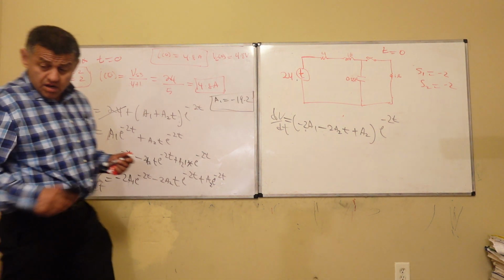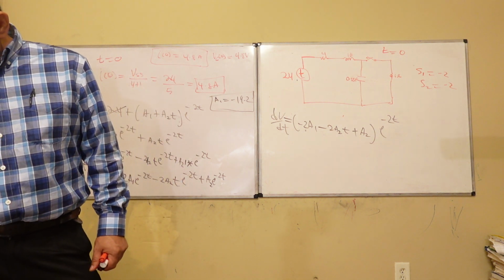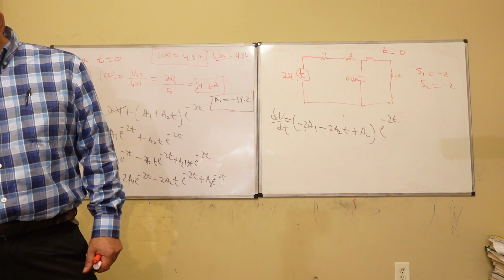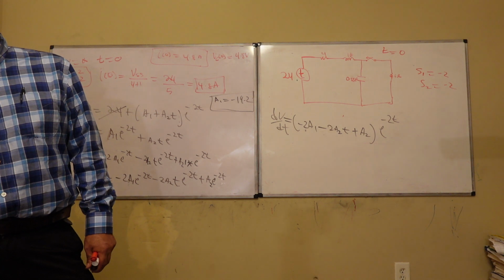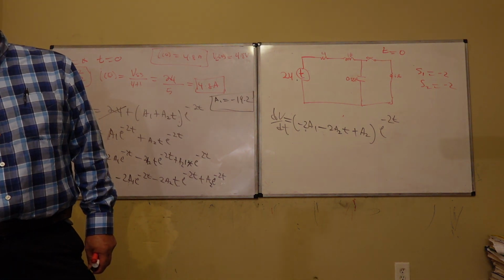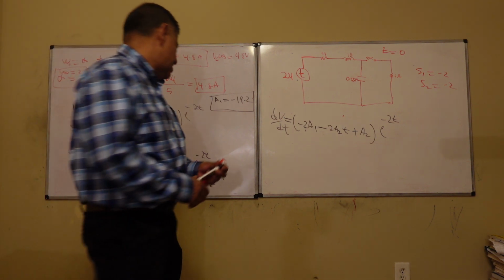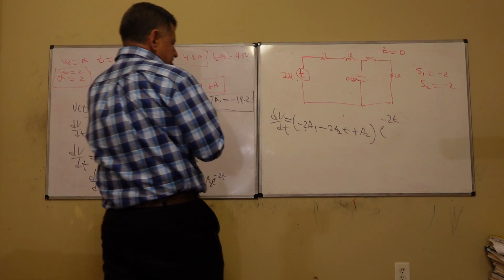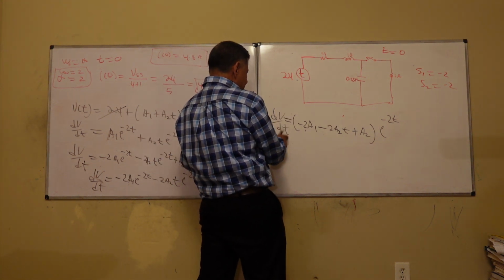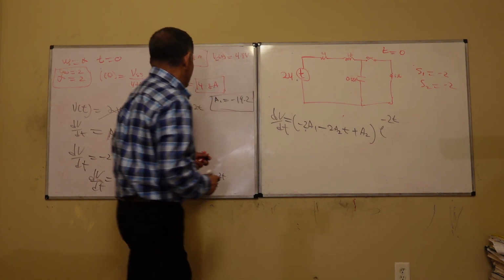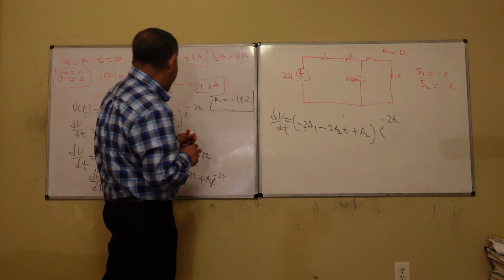So what is the next step? The next step is to simply say that the derivative at 0 is equal to that. Now we can say that the derivative of this evaluated at 0, right?